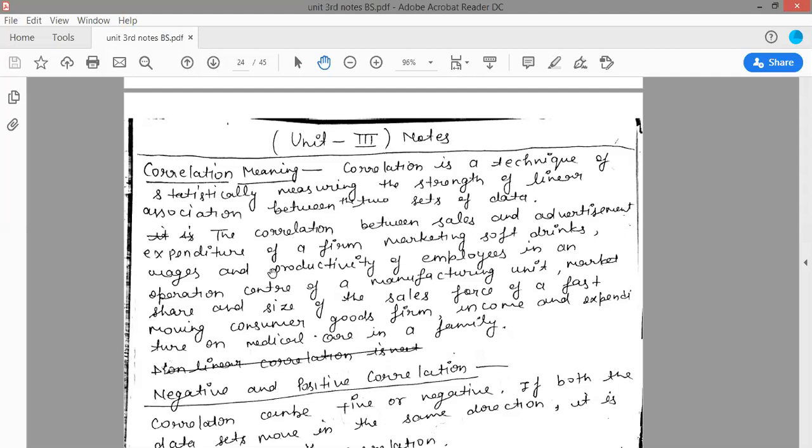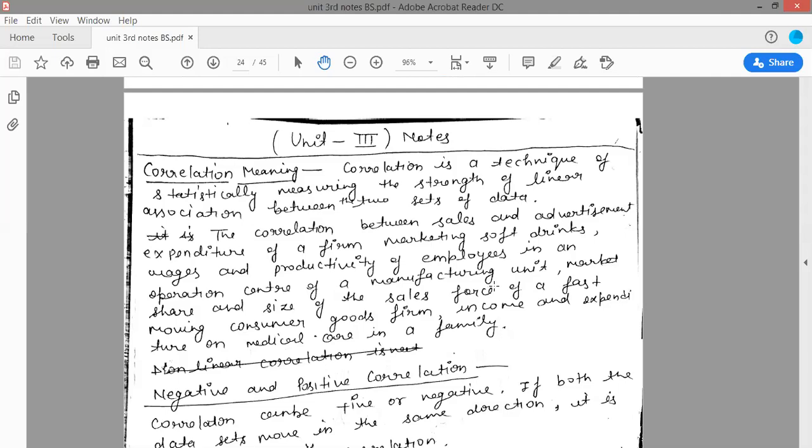Now there is the correlation between sales and advertisement. Another example: the correlation between sales and advertisement expenditure of a firm marketing soft drinks, wages and productivity of employees in an operation center of a manufacturing unit. Basically this example is showing that if advertisement is good, then our sales will also be good.